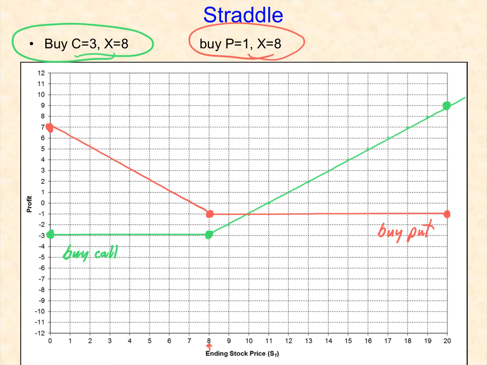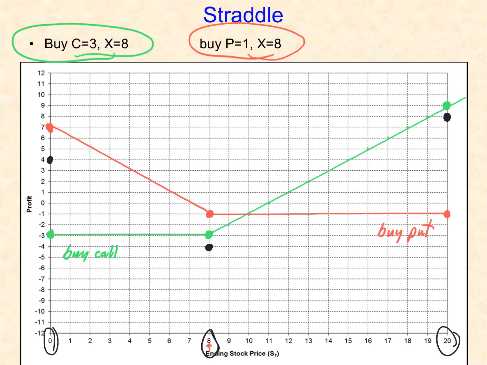Finally, we'll draw the profit from combining these two assets together. So if the stock price is 0, then I've got 7 minus 3 gives me $4 as my combined profit. Next, if my stock price is 8, I've got minus 1 minus 3 gives me minus 4. And finally, over here on the right-hand side, if the stock price is 20, I've got 9 minus 1 gives me $8.